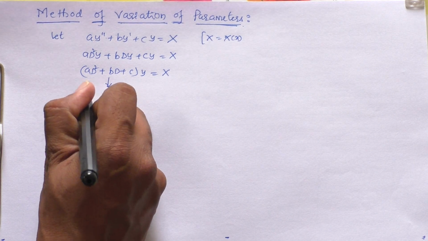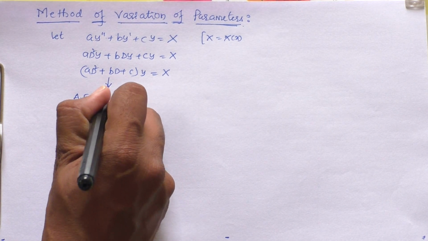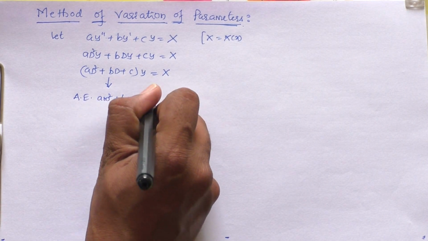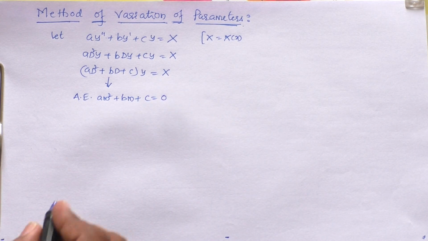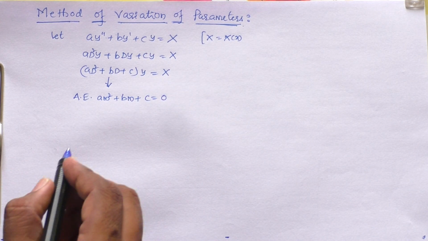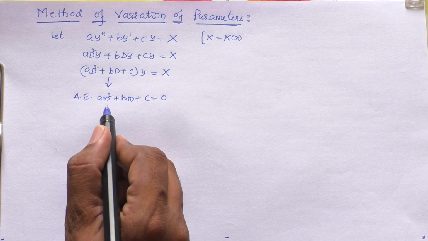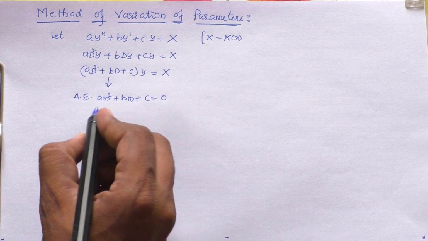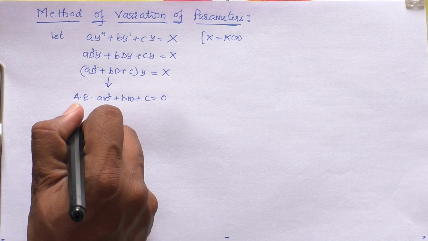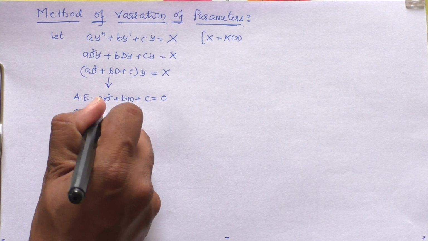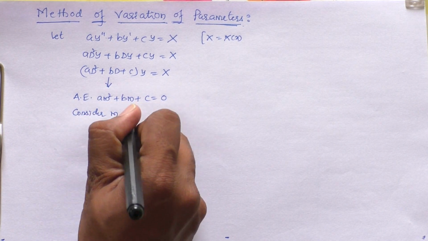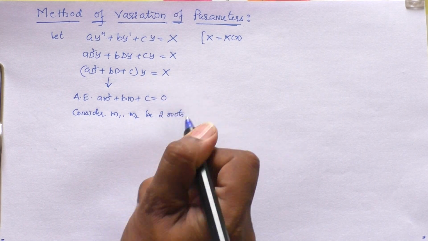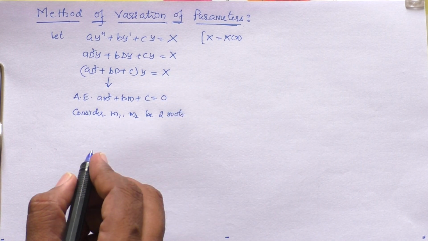Before that, write the auxiliary equation. Replacing D by m, the auxiliary equation is a m square plus b m plus c equal to 0, which is a quadratic equation, so we need to find its roots. Let m1 and m2 be the two roots.